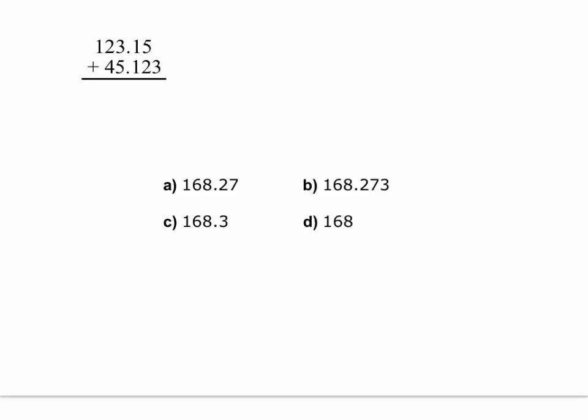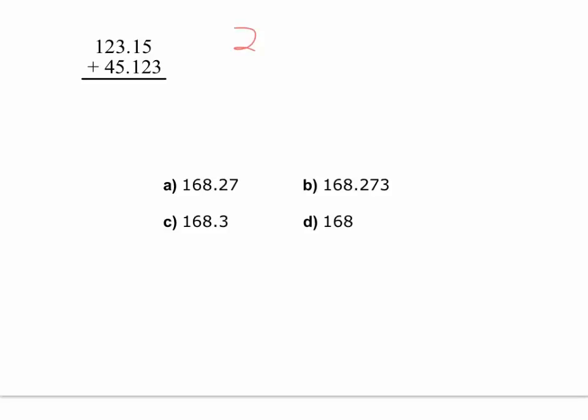Okay, so let's finish this problem. Because I'm doing an addition, I'm only interested in the number of digits that occur to the right of the decimal place. So if I look at the top number, the 123.15, I'm only interested in the 1 and the 5 in terms of significant figures. So that has 2.